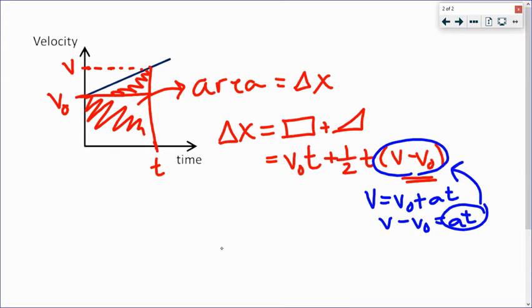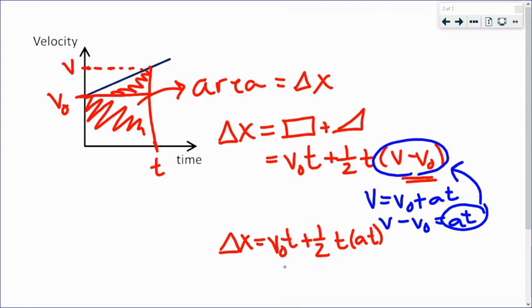That means that my equation for the change in position, or the area under my graph, is the initial velocity times time plus 1/2 of t, now multiplied by acceleration times time. And if I look at that term, I can simplify that a little bit.